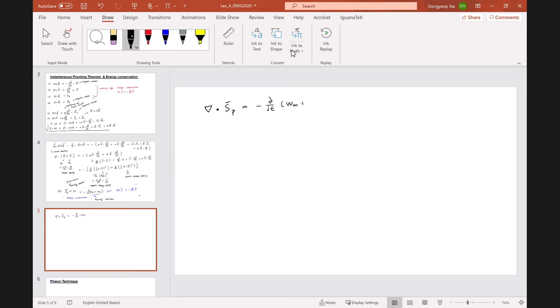Magnetic energy density, electric energy density, and minus sigma electric field squared, and also minus the magnetic field times magnetic current, and electric field times electric current.